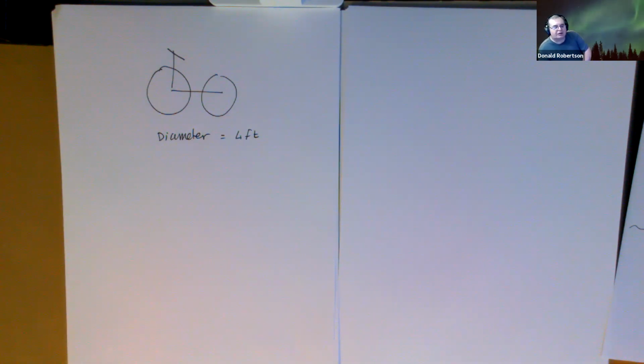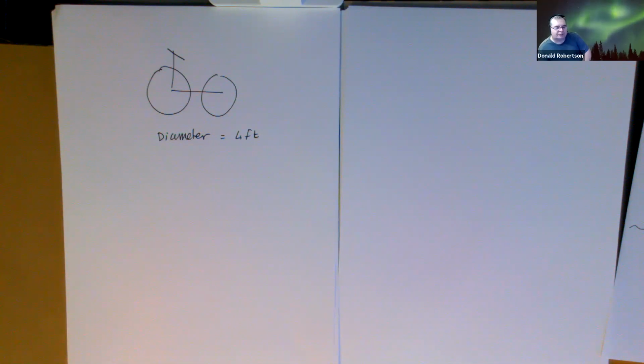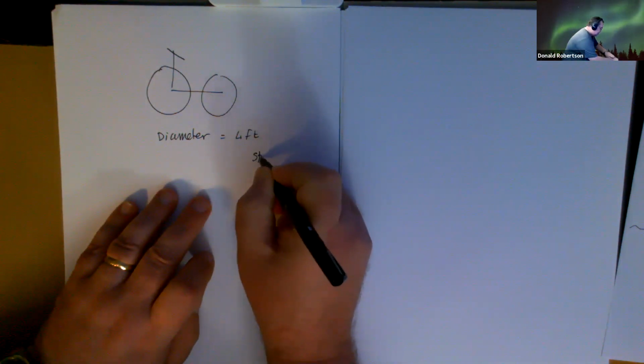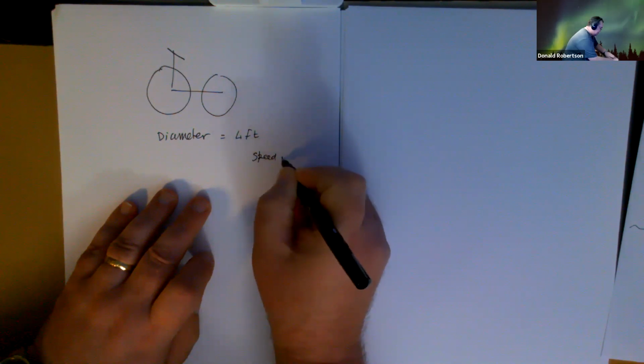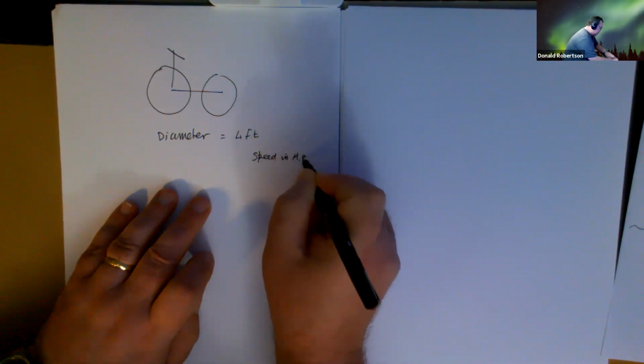And this is going to be: how fast is the bike going in miles per hour, right? So we've got, is that the question you're talking about? Yeah. Okay, so now we've got this puzzle about bicycle wheels, and we're being asked the speed in miles per hour.